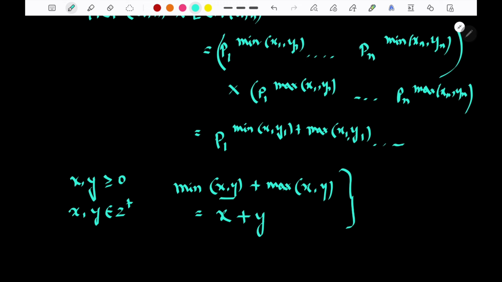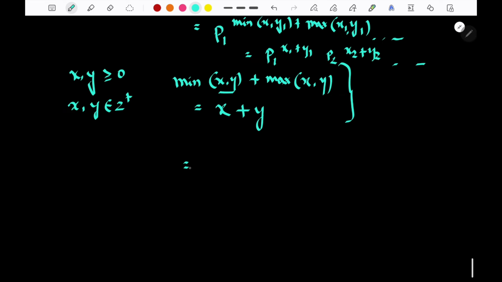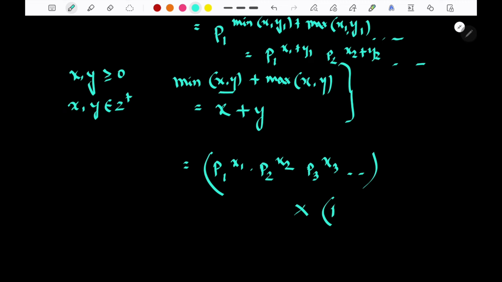So p1 to the power, this is equal to p1 to the power x1 plus y1 into p2 to the power x2 plus y2, and this goes on. So basically, if I separate the exponents of each and take likewise exponents x1, x2, x3, and this goes on, into p1 to the power y1, p2 to the power y2, and this goes on.